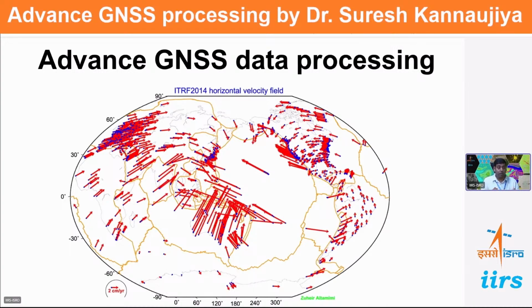When something is moving in millimeters, centimeters, or meters, so okay, sub-meter, then we need millimeter accuracy estimates through this GNSS data so that we can monitor those phenomena with good accuracy as well as precision.